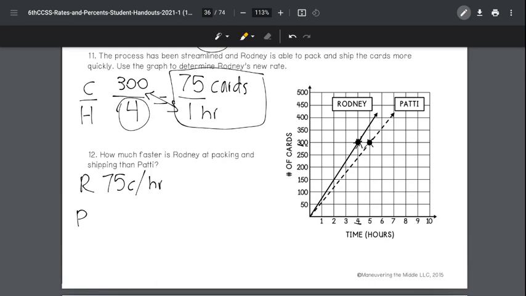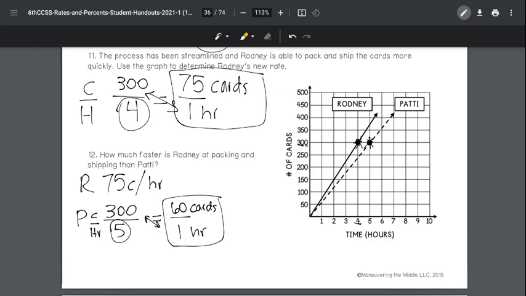her dot on her line says that she can make 300 cards in 5 hours. So if Patty only works 1 hour, cross multiply and then divide 300 by 5 to figure out Patty is making 60 cards in 1 hour.